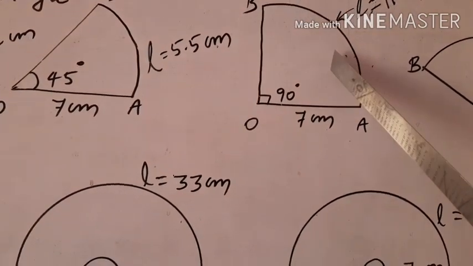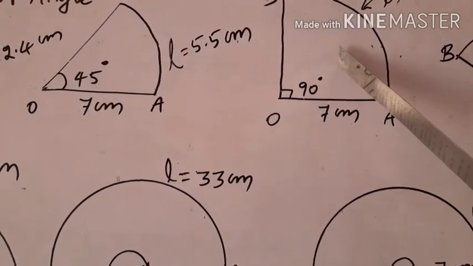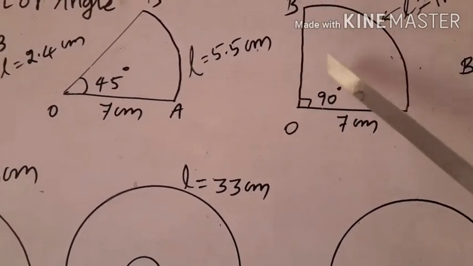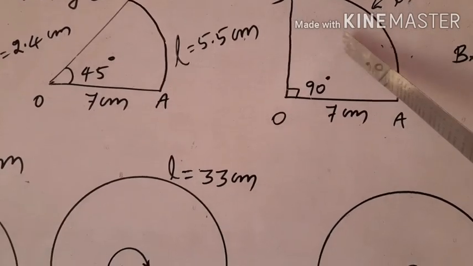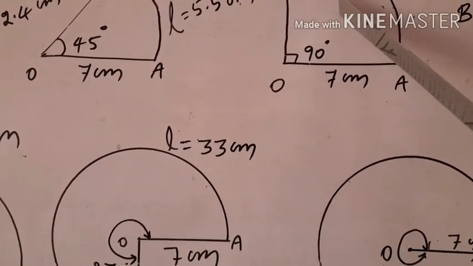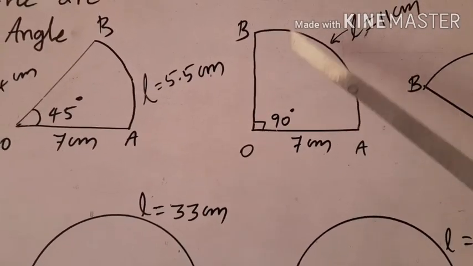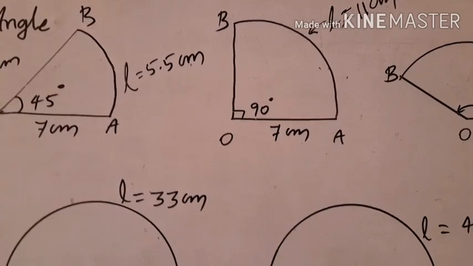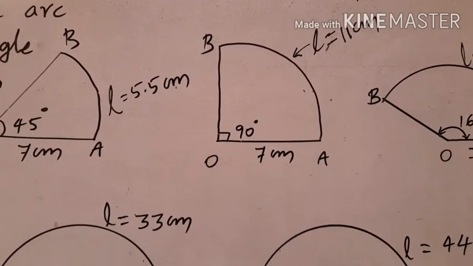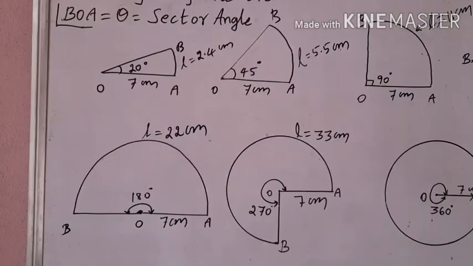It means in this sector I can place 38.5 one-centimeter squares. In this region, I can place 38.5 one-centimeter squares. That much place it covers. This is how we find the area of the sector with sector angle theta and radius r.